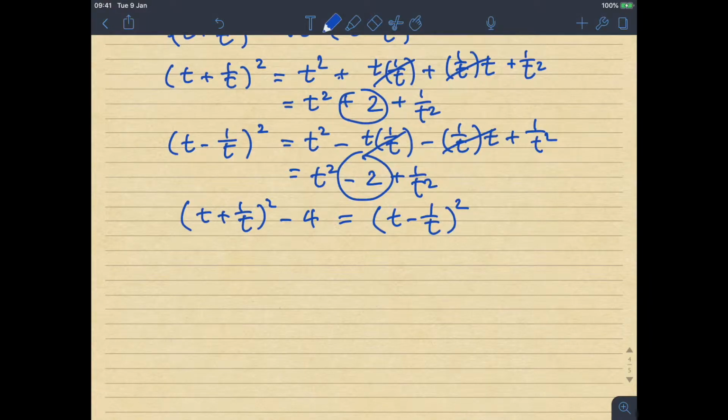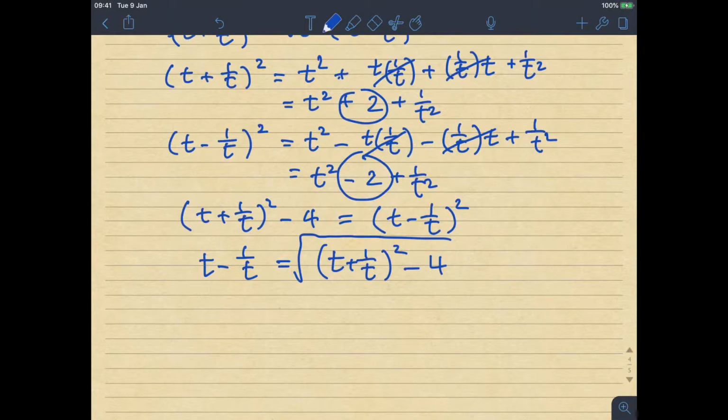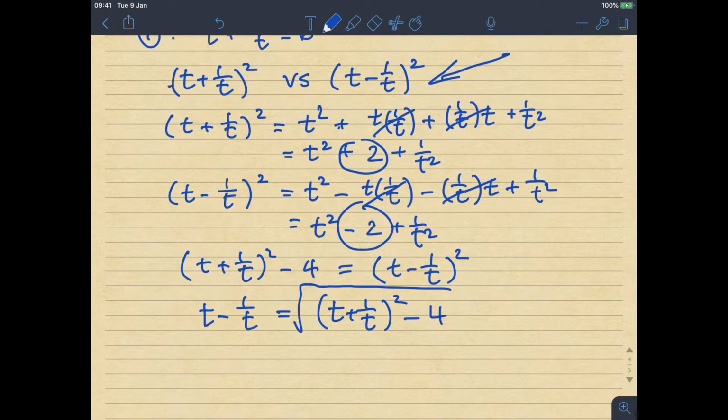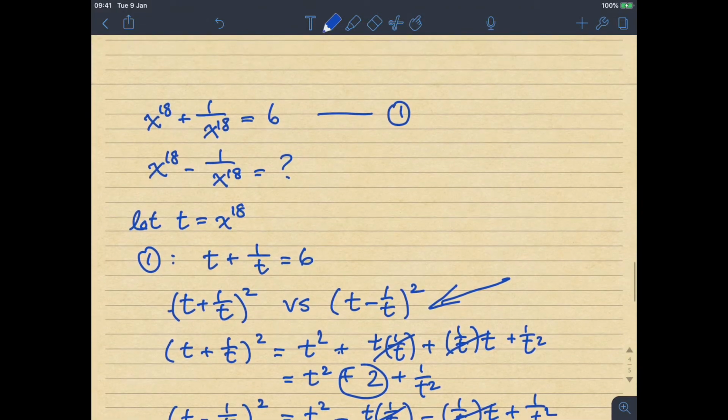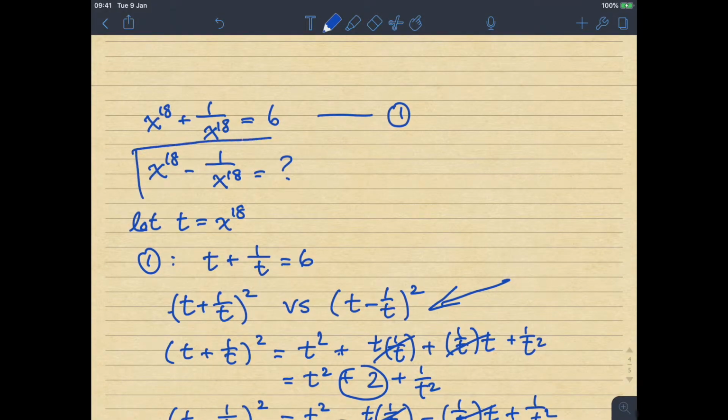Now what that means is that if we bring t minus 1 over t to this side, we will have the square root of t plus 1 over t all squared minus 4. Now t minus 1 over t here is actually what we want.